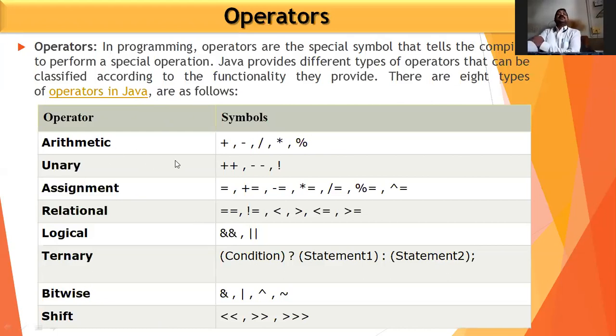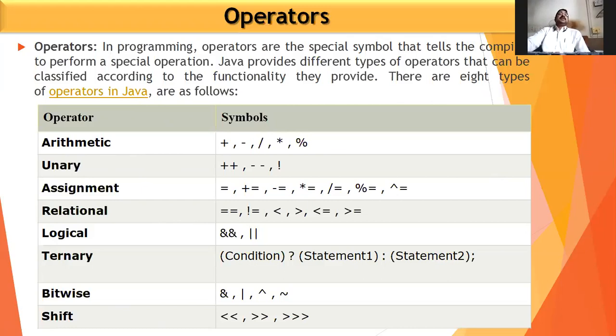Again, we can just consider our C language. There are also 8 types of operators. Let us see what those operators are. We know about C because we have seen the C language in the first year. Every operator in C language is available in Java.